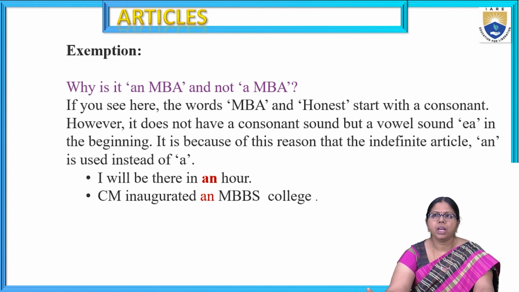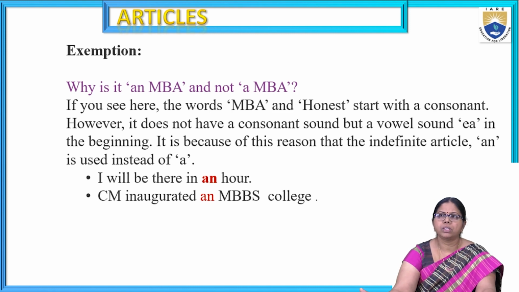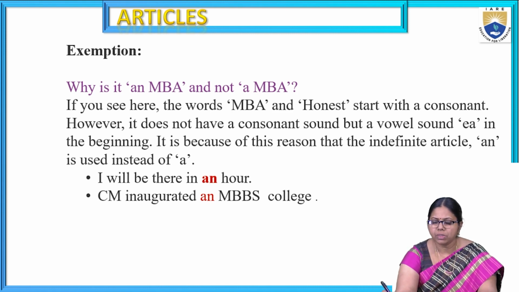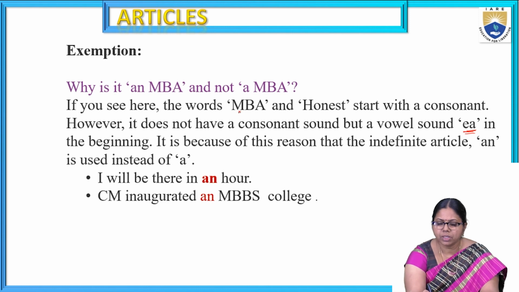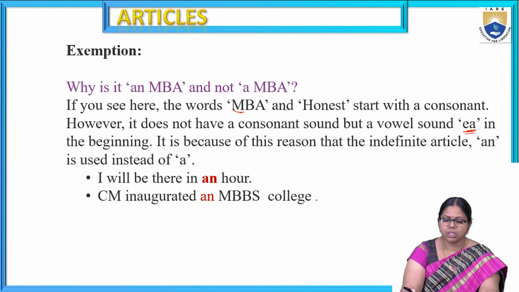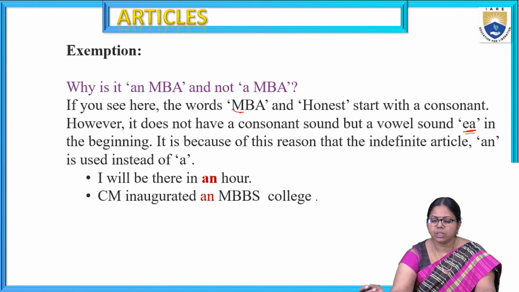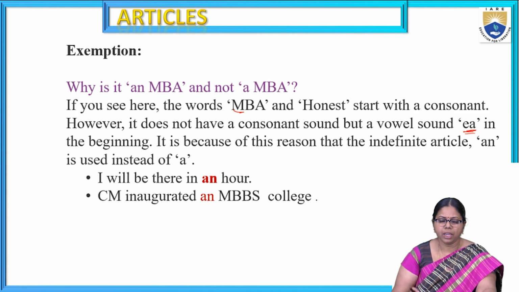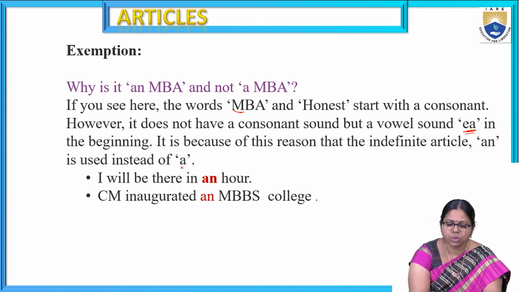However, they do not have a consonant sound but a vowel sound. When you pronounce the word MBA, we get the vowel sound first. Even though the word starts with a consonant, the sound we get at the beginning of the word is a vowel sound. It is because of this reason that the indefinite article "an" is used instead of "a".